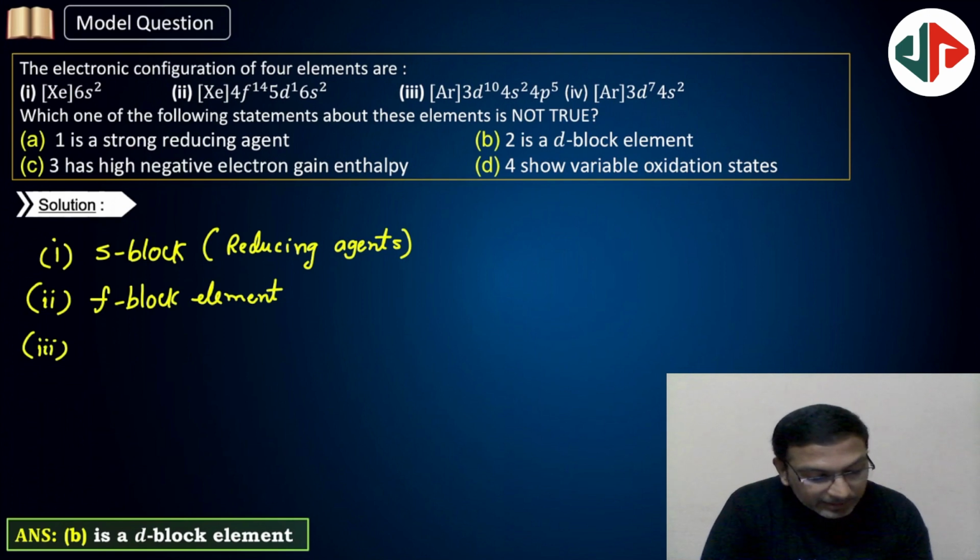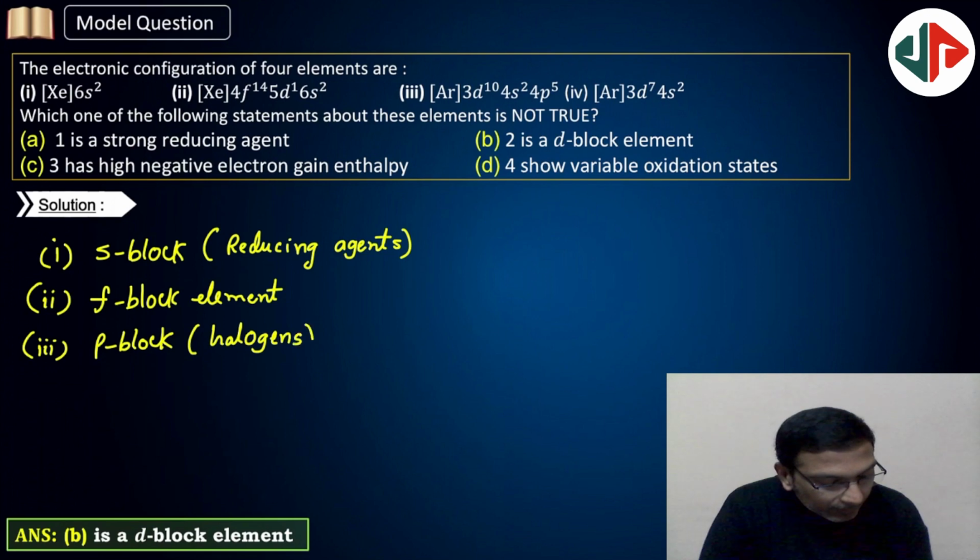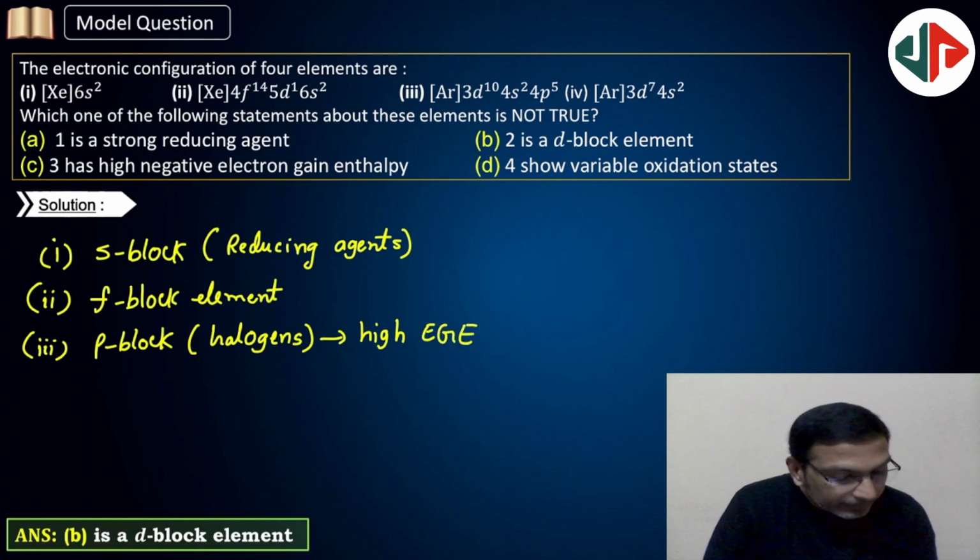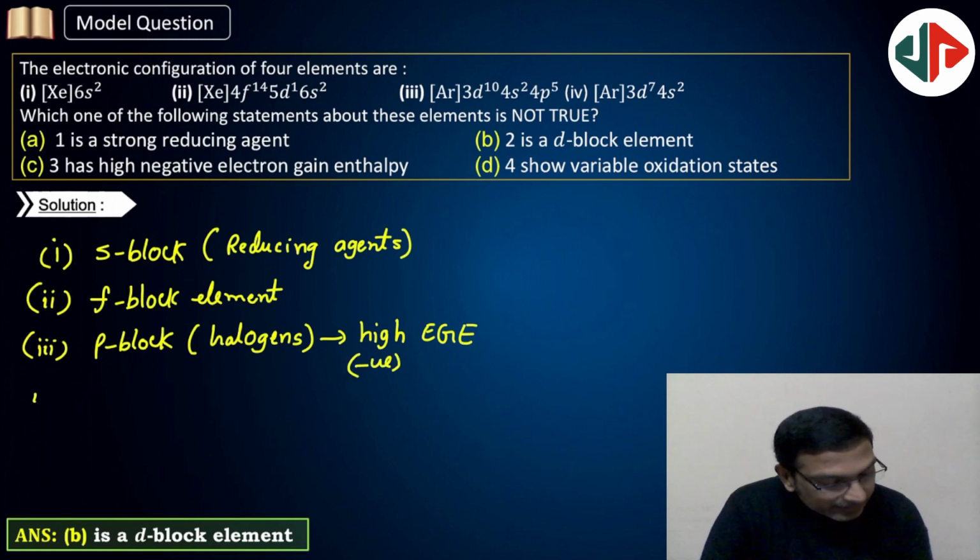The third configuration is p block, in that halogens. Halogens have high electron gain enthalpy, that means high negative electron gain enthalpy values.